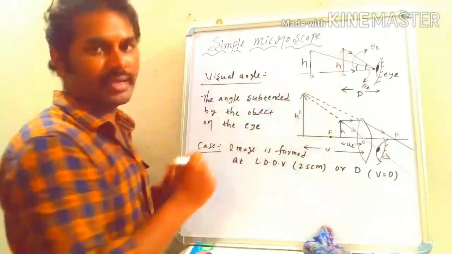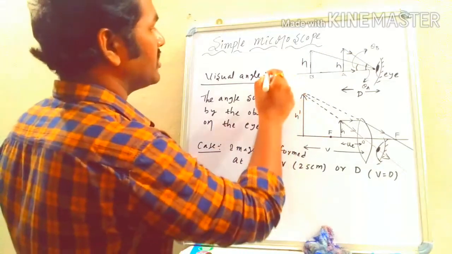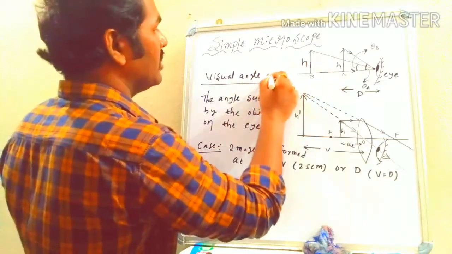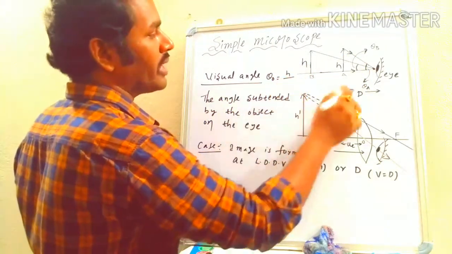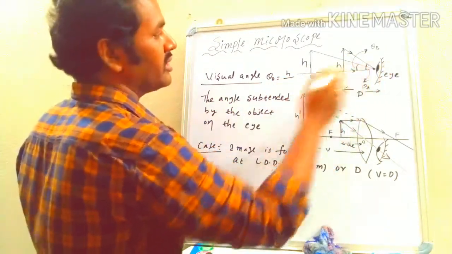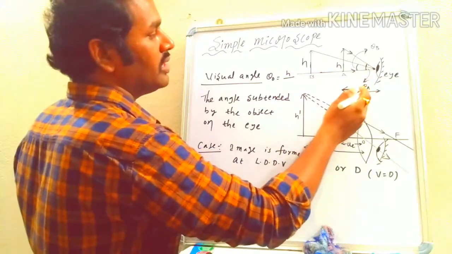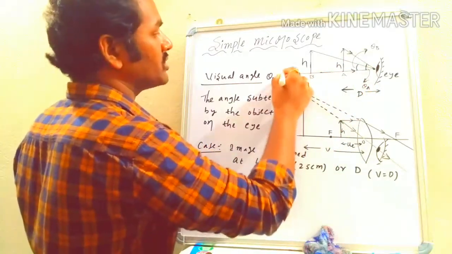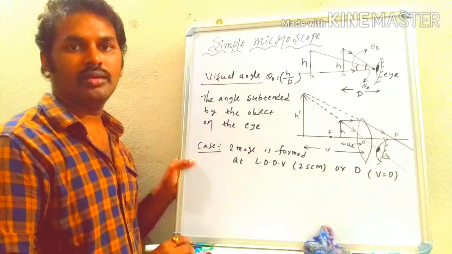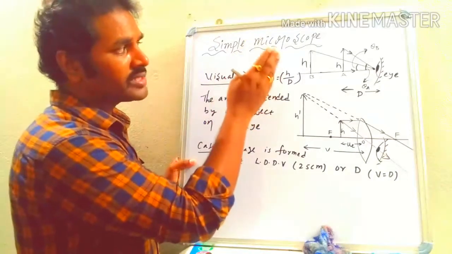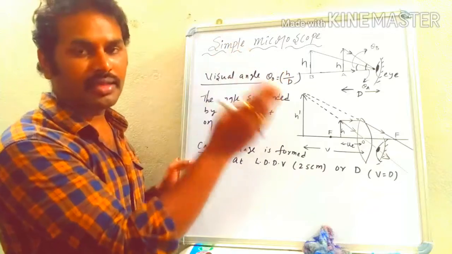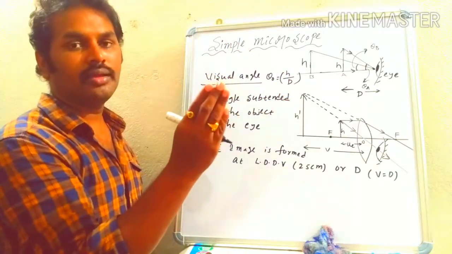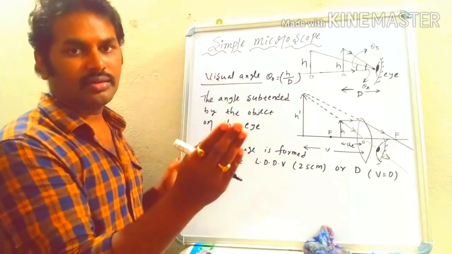We are not comparing anything there. Directly you can write the visual angle theta naught is equal to the height of the object divided by the distance, which is the least distance of distant vision, h by D. Because the angle made by the object at the eye is very small, you can take tan theta.